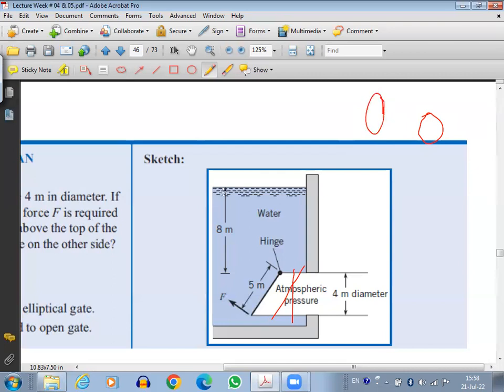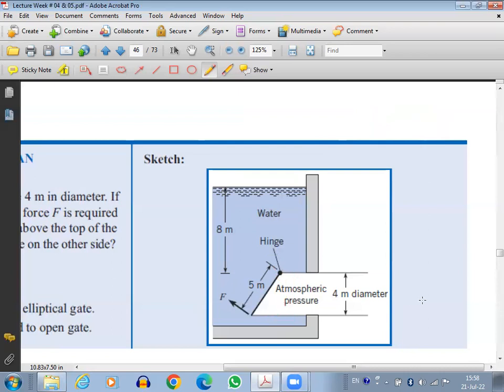If you put a gate there, that gate will not be circular, it would be an elliptical gate. At the top of the gate, a hinge is placed so that the gate can be opened and closed. That's the point of rotation for the gate.